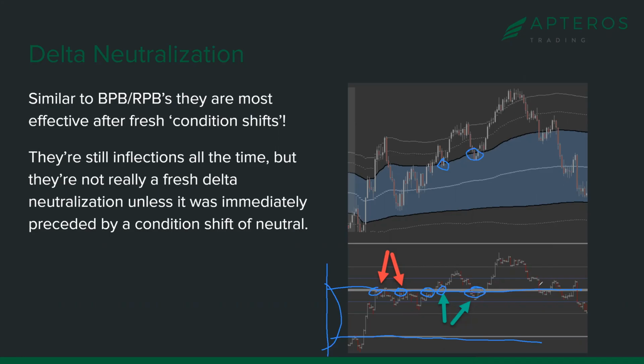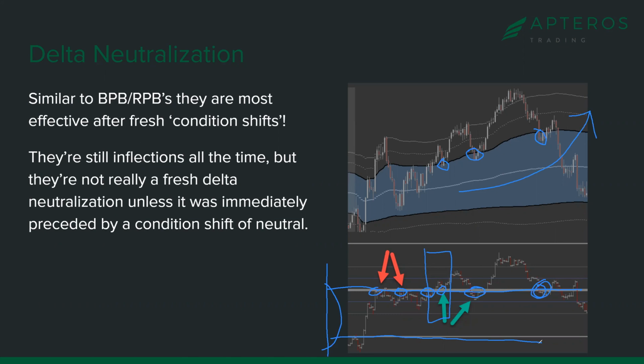Now, is this a fantastic delta neutralization? It's an imbalance pullback again. No, it's not as good. The condition shift occurred here. So if this is such a strong imbalance, why are we back at delta neutral again? That's not a great sign, right?